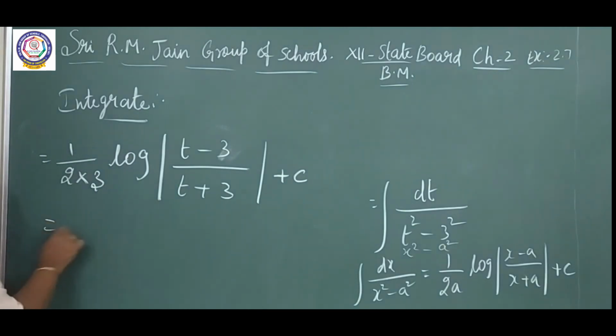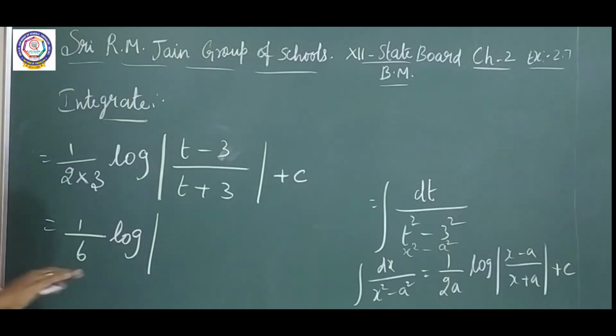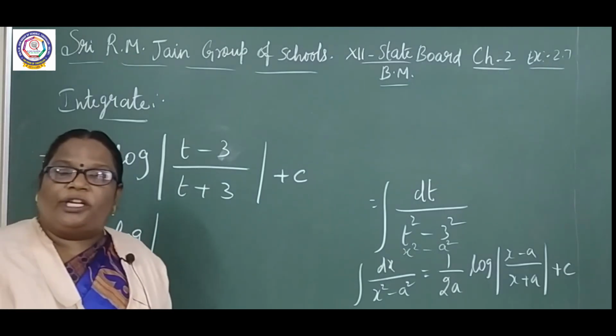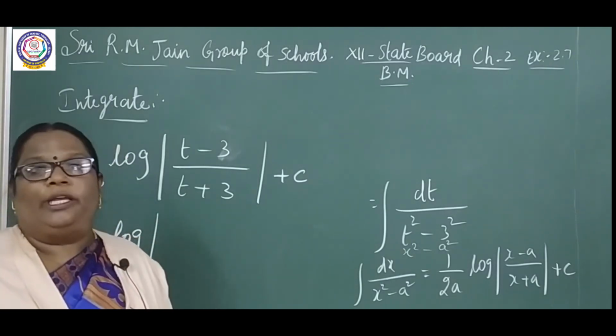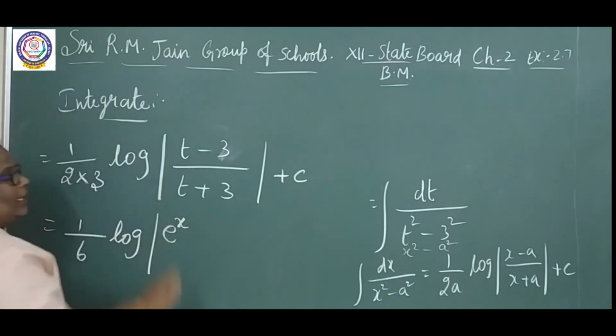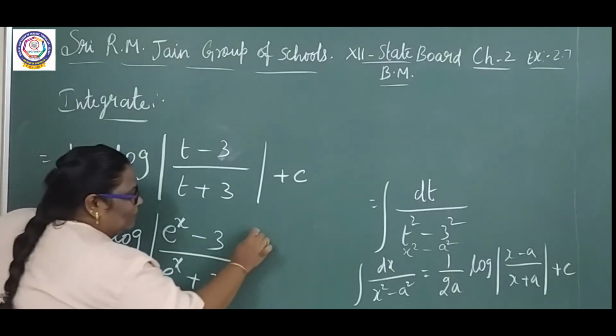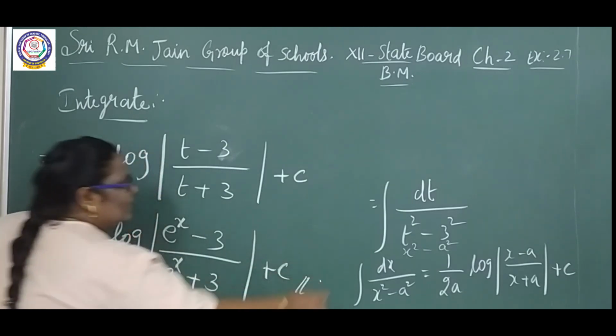Okay, it gives 1 by 6 log of modulus of, you replace that t because the question is in the form of x, means the answer should be in the form of x. t value you can replace by what? E power x. E power x minus 3 by e power x plus 3 plus c.